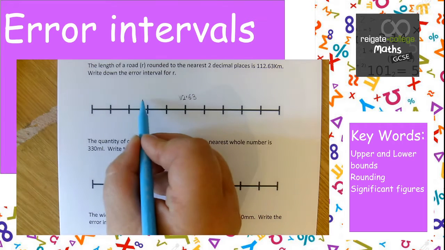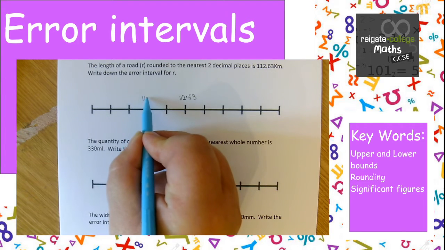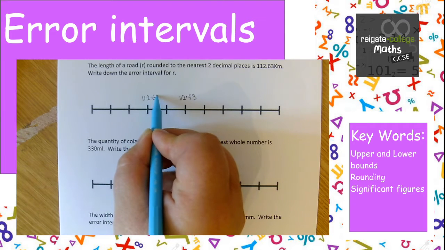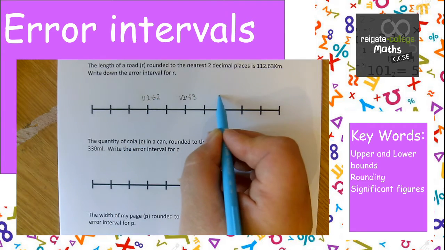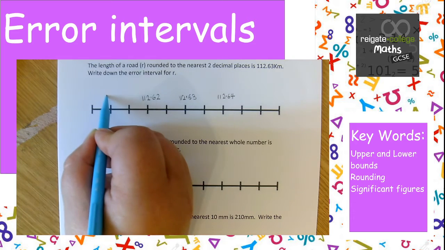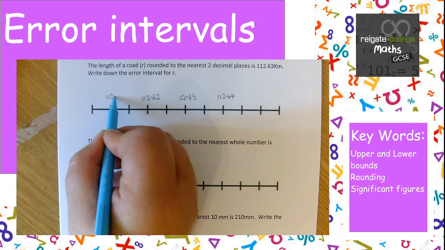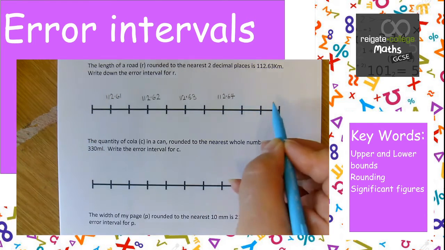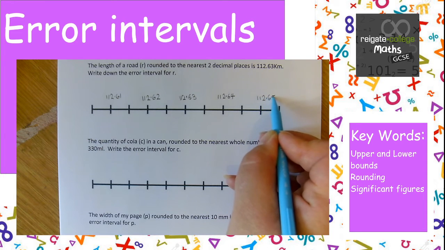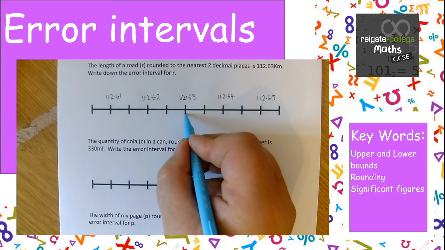I'm going to fill the rest of my number line with the numbers to 2 decimal places below and above. I could actually populate the rest of my number line so that it makes sense. But this is my rounding.